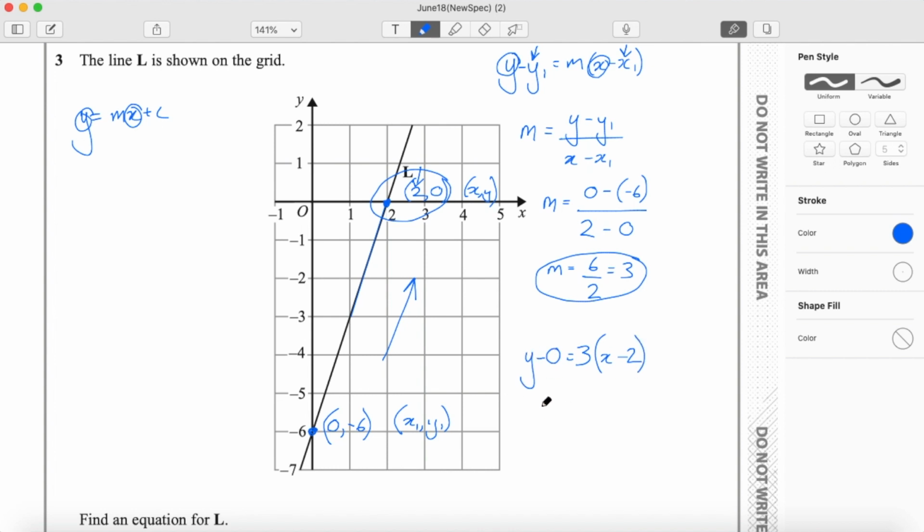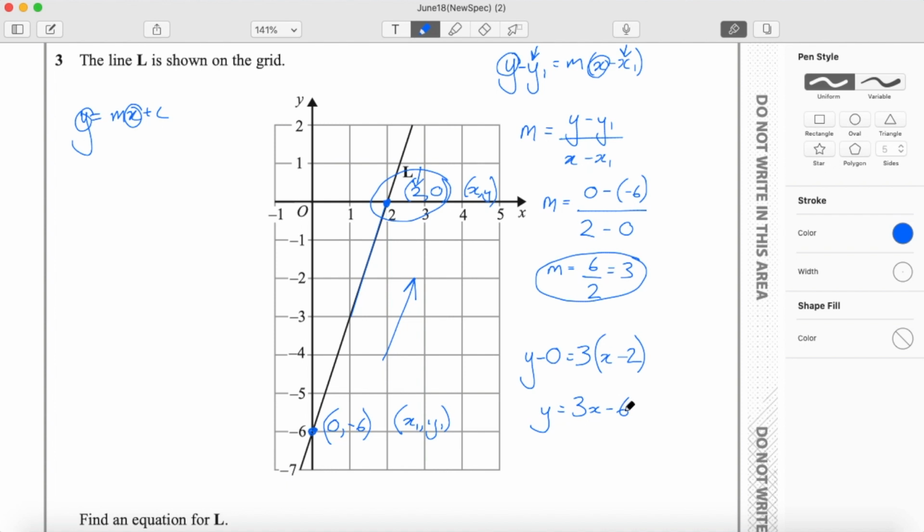So y take away nothing is y. 3, we're going to expand this bracket on the right hand side. 3 times x is 3x. 3 times minus 2 is minus 6. So that should be the equation of L.